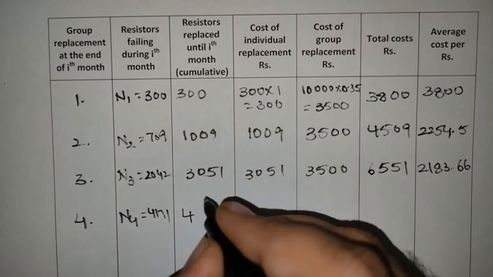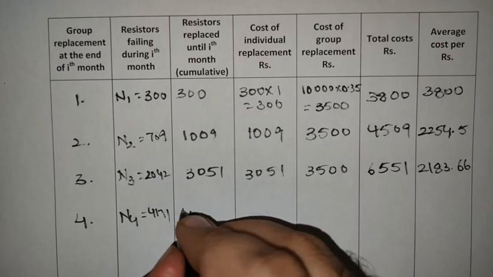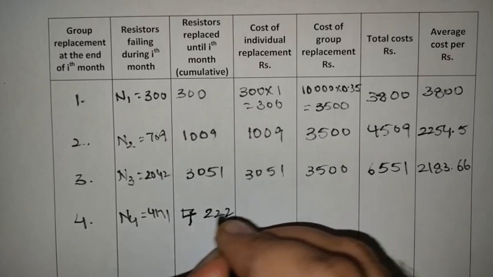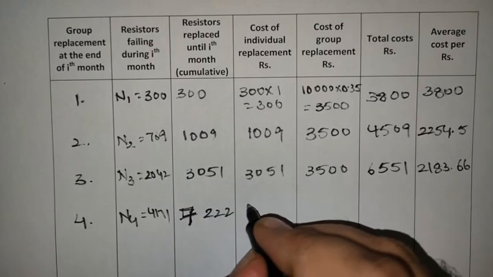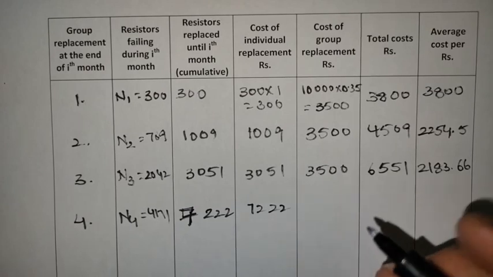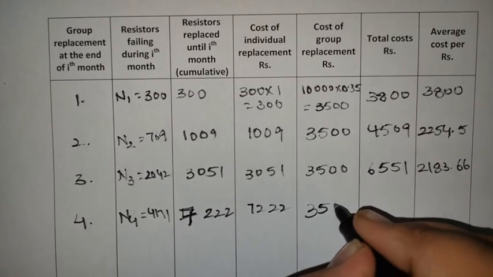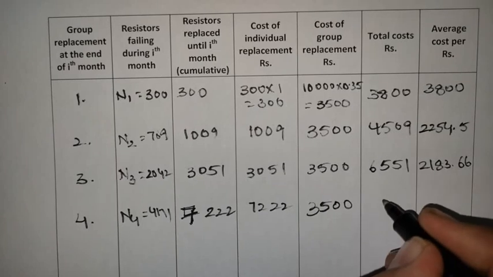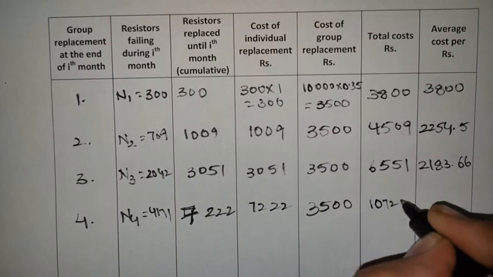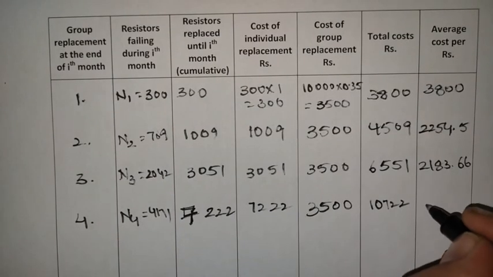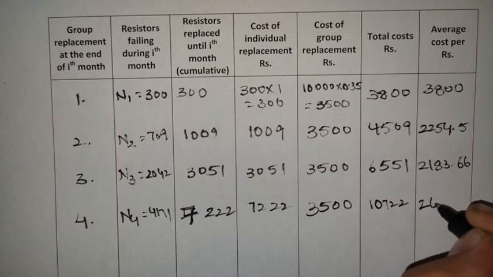And in fourth month, N4 is 4171, and here 4171 plus 3051, 7,222 we will get. So individual replacement 7,222, group replacement 3,500, total cost 10,722, and average 2680.5.